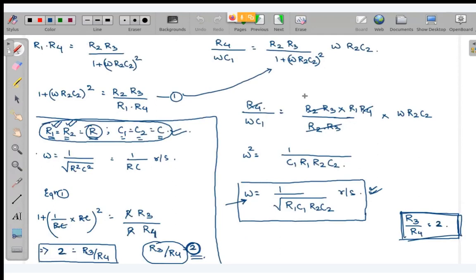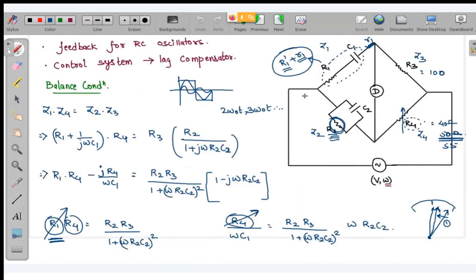So this is actually one drawback of Wien's bridge, that over here you can only measure the frequency of a sinusoidal signal or cosinusoidal signal, or to be precise, a signal which has only one frequency content.